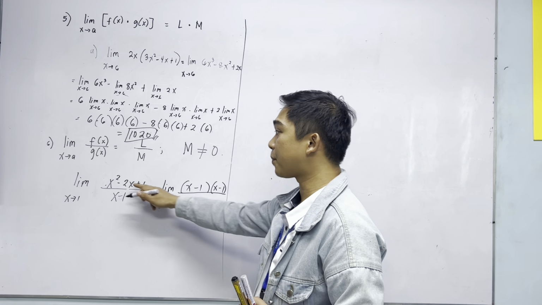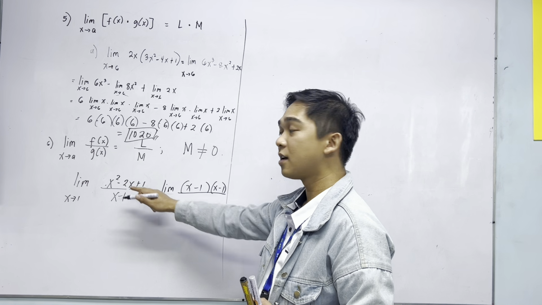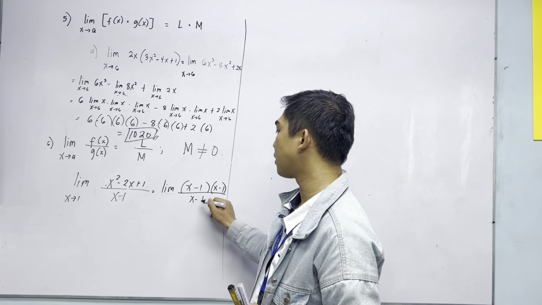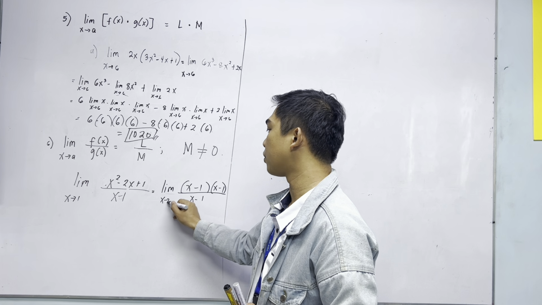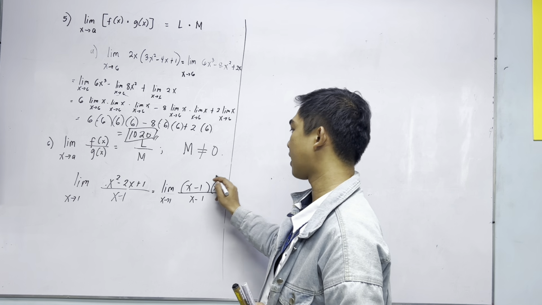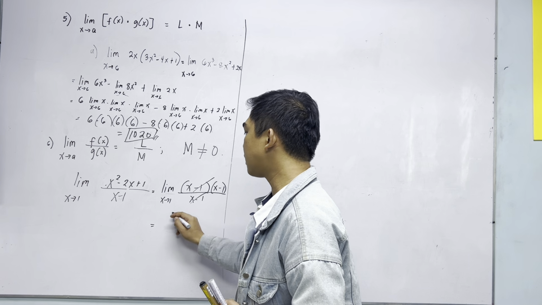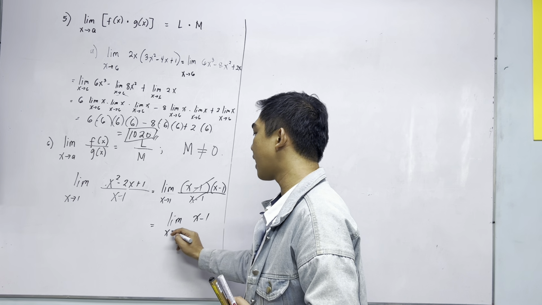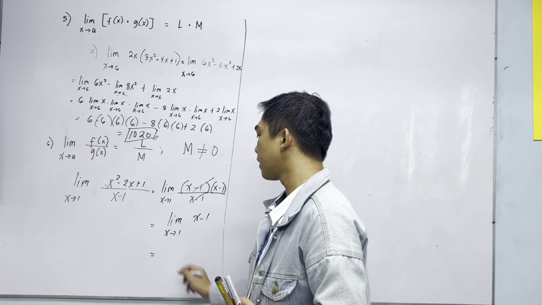Okay. This is a perfect square trinomial. So x minus 1 times x minus 1. Then just copy x minus 1 as x approaches 1. Can we cancel out? Yes. Cancel, cancel. So this is simply limit of x minus 1 as x approaches 1.